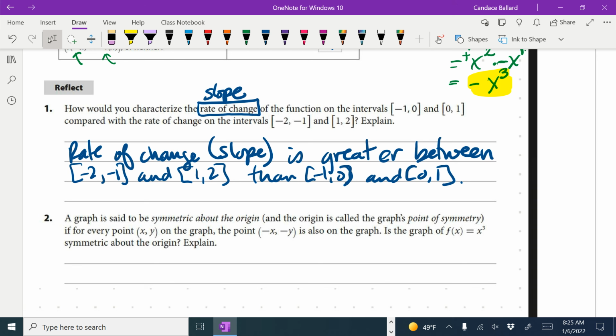You gotta love questions that, when they ask them, they give you a definition of something in it. So take a minute on number 2 and read that to yourself, please.